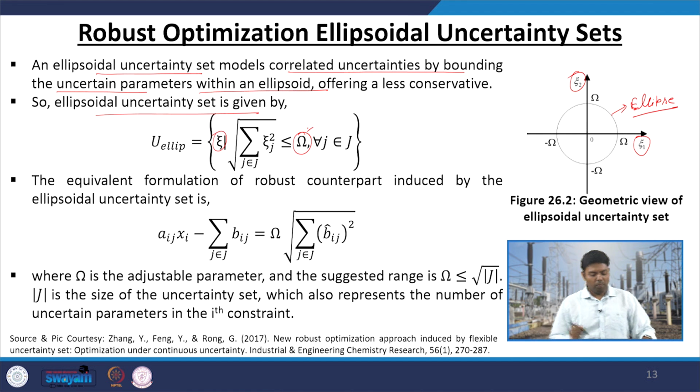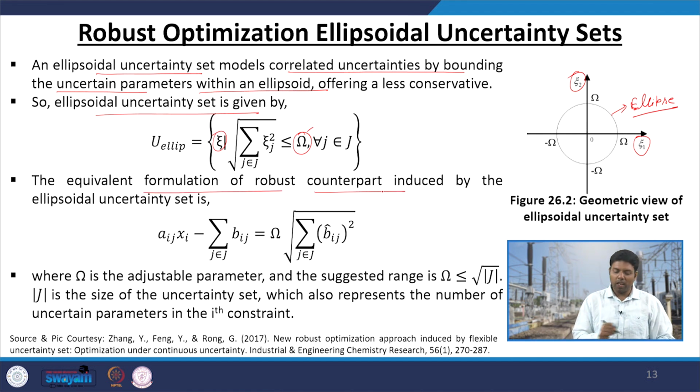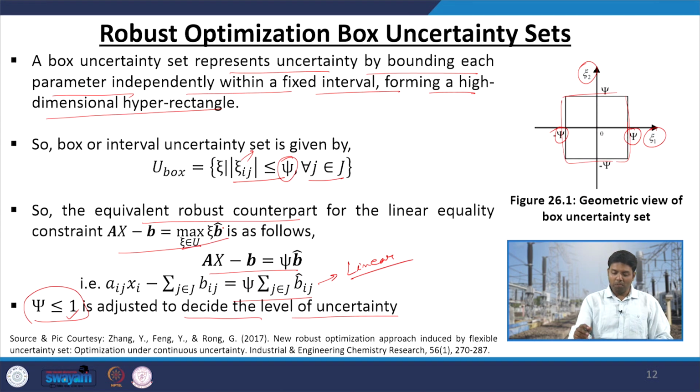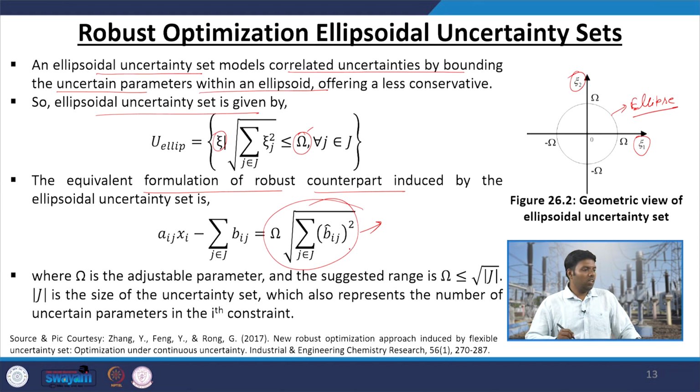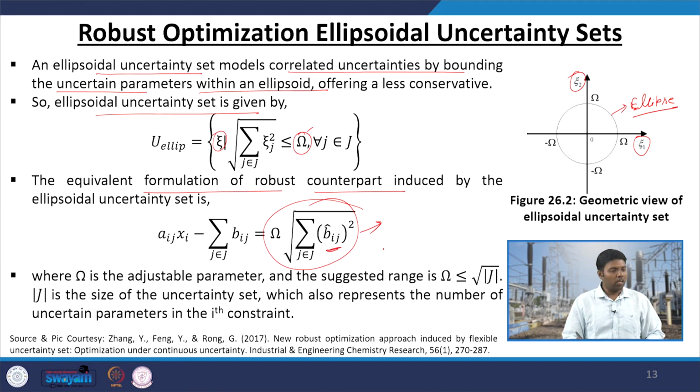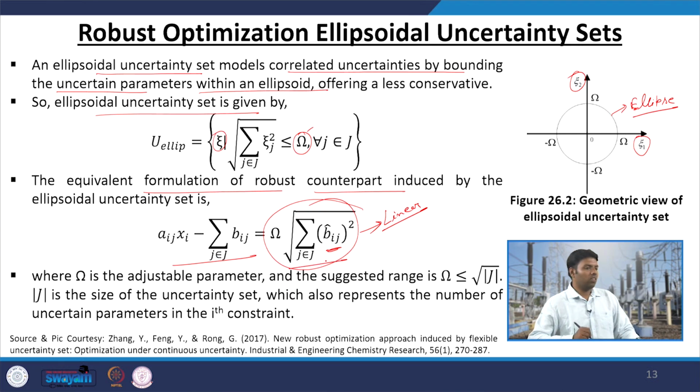Okay. And depending upon that, similarly you can define the robust counterpart, where you replace that maximum beta term with this term. Again you will get a linear constraint, because these are all constant values. Previously this was equal to 0, now this has become equal to this value.